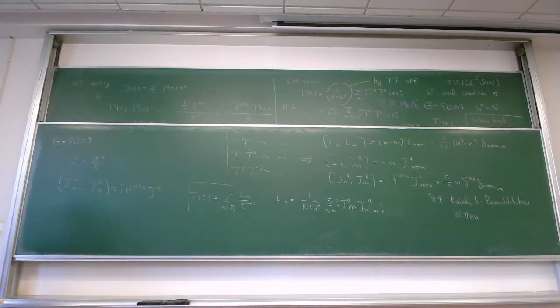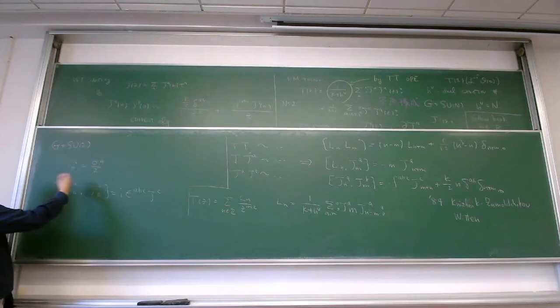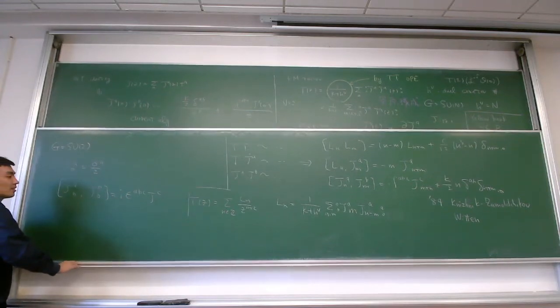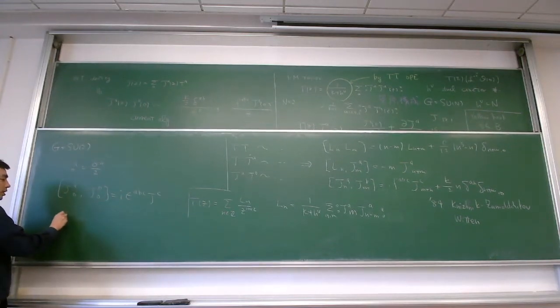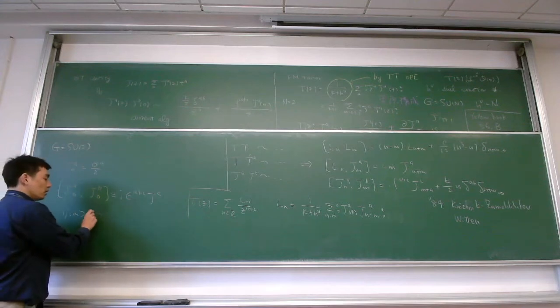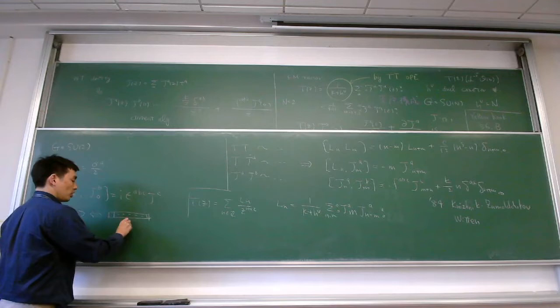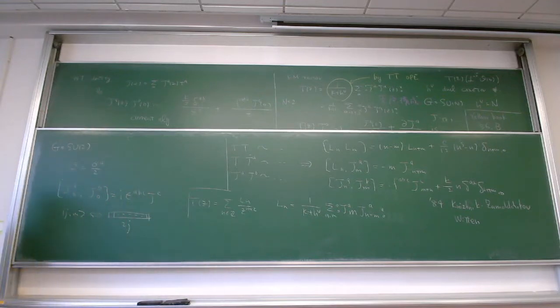Representation, for instance, SU2. If you look at only SU2, you have the |j, m> states, the 2j plus 1 dimensional representation, which corresponds to the Young tableau with 2j boxes. I already explained that last time.